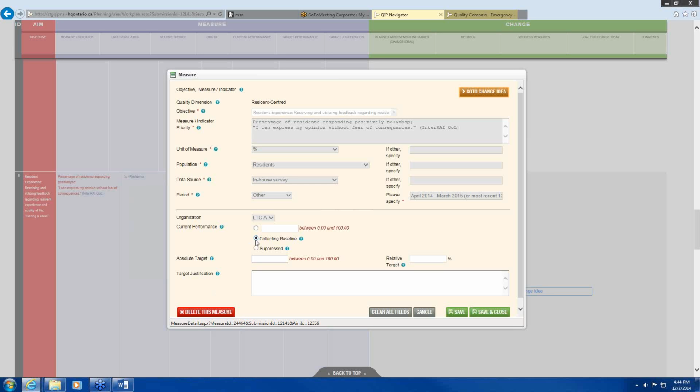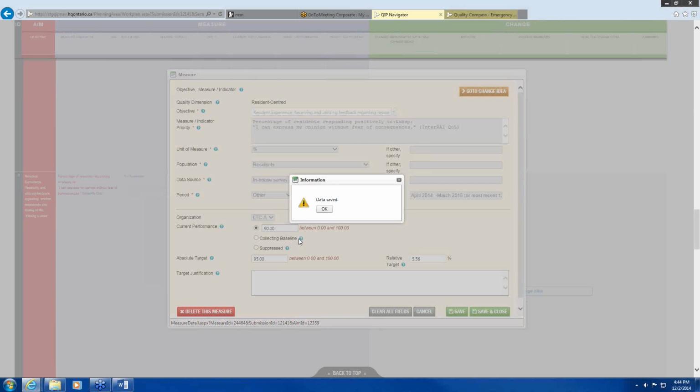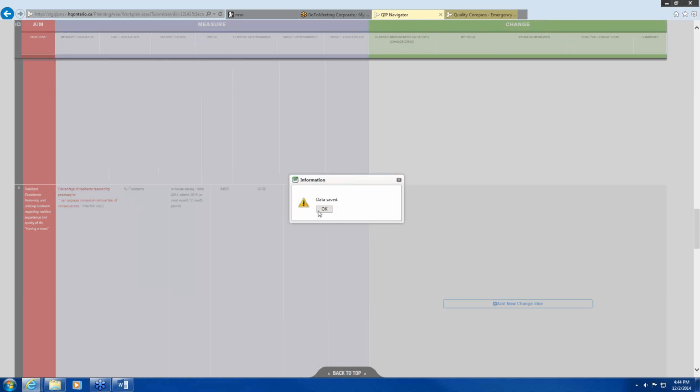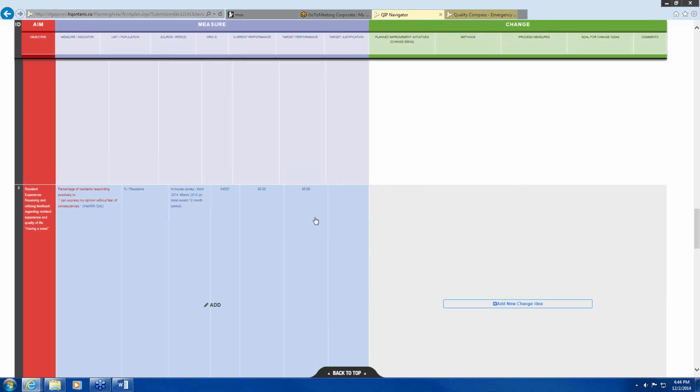So let's just say the current performance is 90%. And we want to make it 95%. And I want you to save and close. I don't want you to put in the target justification. I want to show so that when you actually try to submit it, what areas will show up, so you'll know how to go back and you'll be able to see that on the screen.